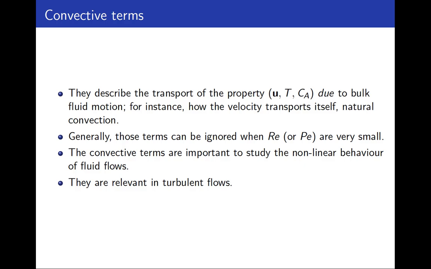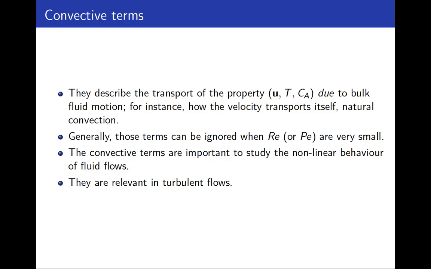So this is just an example of transport of energy by convection. I was talking about energy. So these terms can usually be ignored when either the Reynolds or the Peclet numbers are very small.